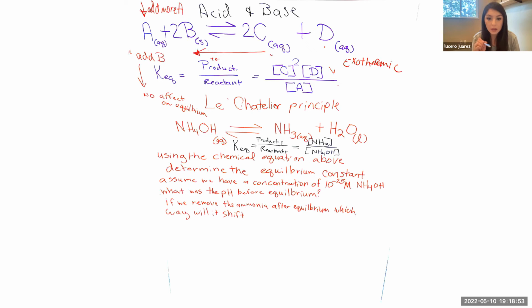And so now we find the pH. So how will we find the pH? So we have 10 to the negative 2.5 M. That's negative 2.5.